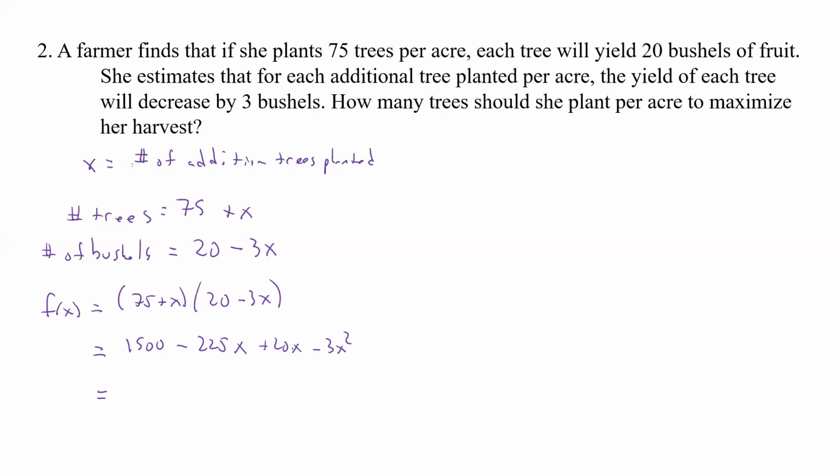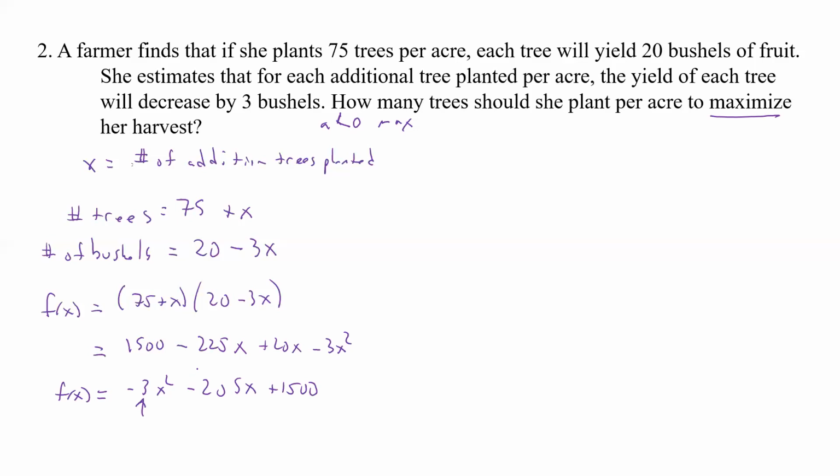And if we write this in decreasing powers of x, that's minus 3x squared, subtract 20 off there, that's going to be minus 205x, and then plus 1500. That's going to be our parabola. And this a is less than 0, so that's going to be a max. And we want to maximize her harvest, which this function should do.